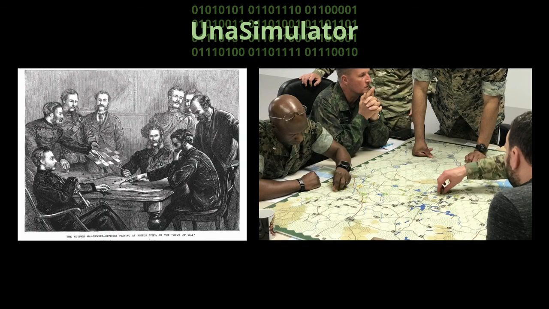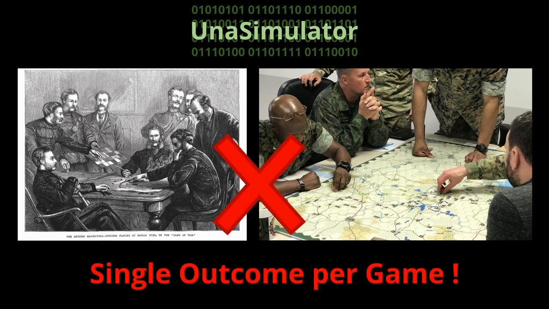One of the uses of this method is military wargaming. Throughout the history of humankind, military wargames have always been performed. But the problem with these wargames is they produce one outcome per game. The result can be one thing, which might depend on other things, but there's no outcome like, okay, this is the result, but it happens with this probability, and this is another outcome with this percent probability, etc. To get some kind of probability of the results, the game should be restarted many times.